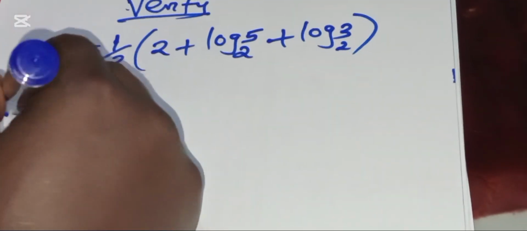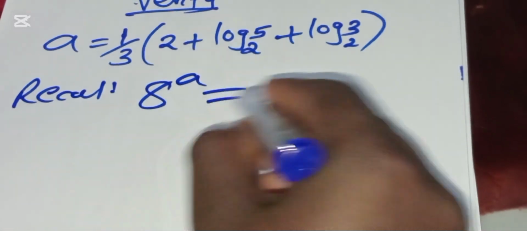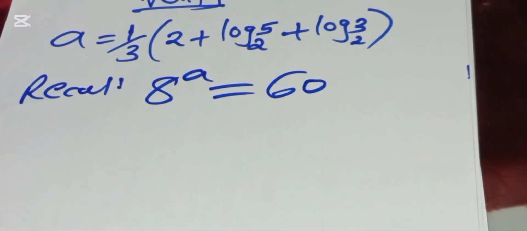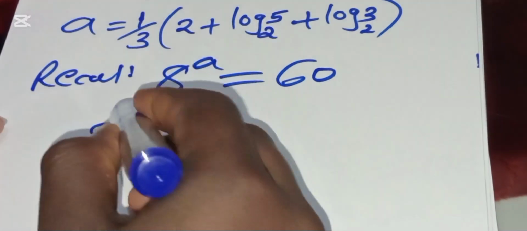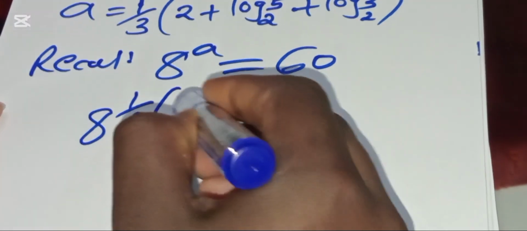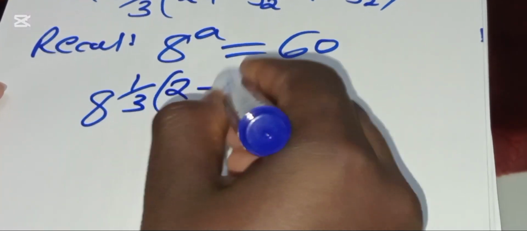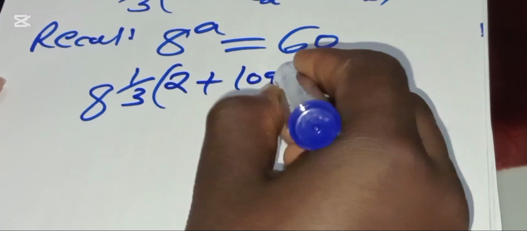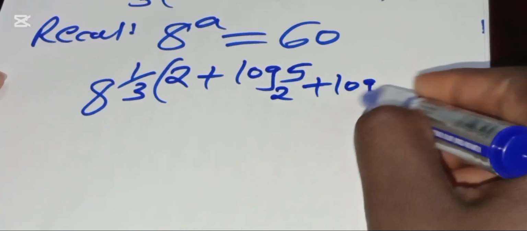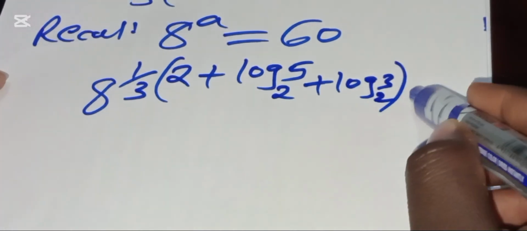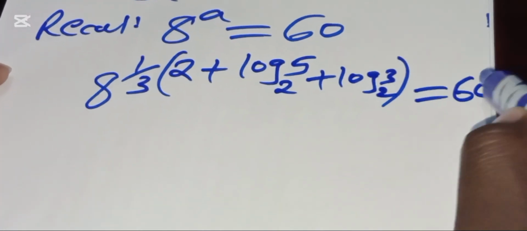Recall that 8 raised to power a is equal to 60. Let's substitute the value of a. We'll have 8 raised to power a third, into the parentheses 2 plus log 5 to base 2 plus log 3 to base 2. All of this is supposed to give us a value of 60.